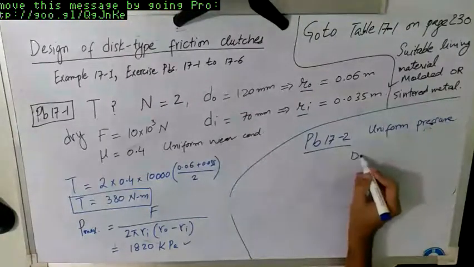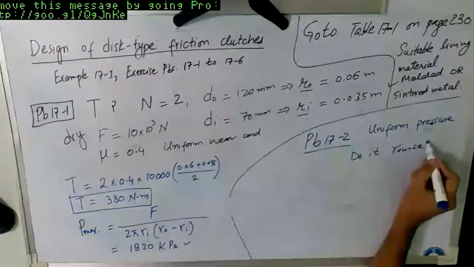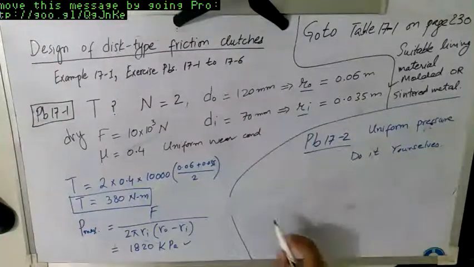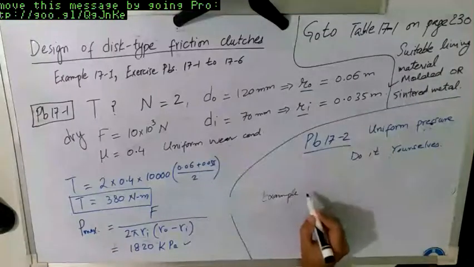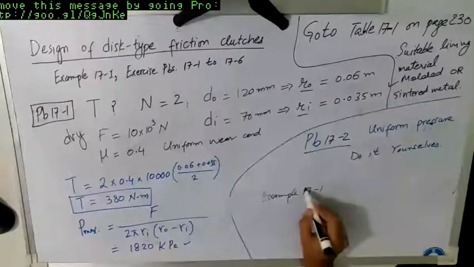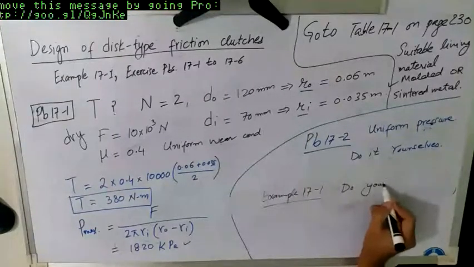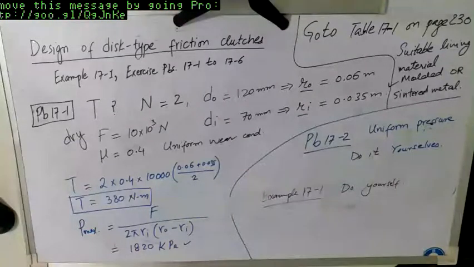So do it yourselves. Similarly, after doing this problem, you should go to the example problem 17-1, and this also you have to do yourselves. So that is all for this portion of this video.